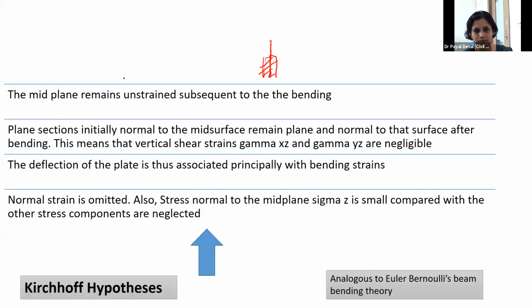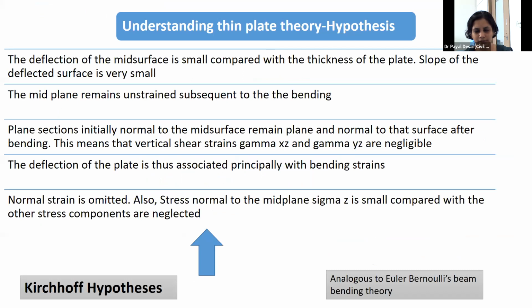All of you know the neutral axis and neutral surface actually does not have any strain, right? Even in the stress diagram you can see at the neutral axis the stress is zero. This is a similar assumption to the beam theory also. So except for this 2 dimension, most of the assumptions are in line with the beam bending theory, which was developed by, as I told you, Euler-Bernoulli.